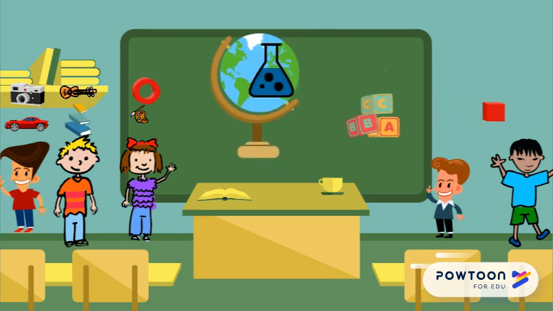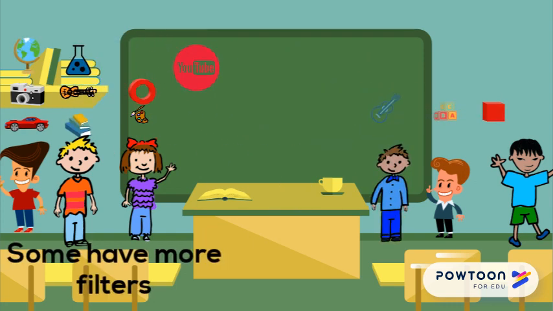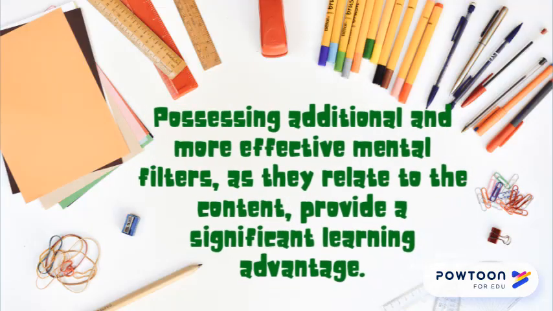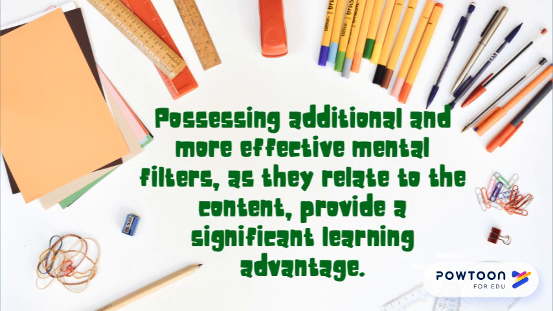Some students have effective filters, while others might only have few. Helping students create these filters is beneficial to all students despite their cognitive levels. Having additional or more effective mental filters, as they relate to the content, provides a significant learning advantage.